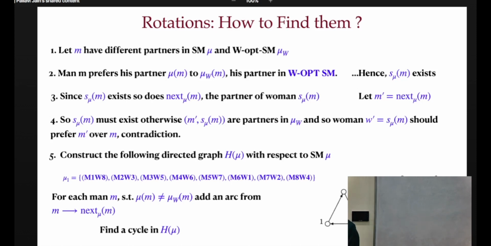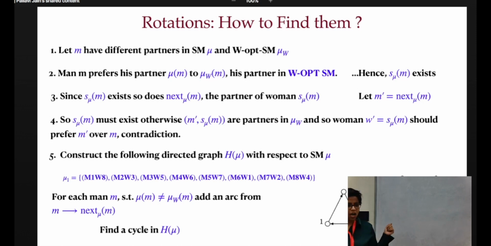That's what these 2 edges are. And you can have cycles. This is a very straightforward, very sparse graph, so you can find cycles rather easily. Once you find a cycle, that's your rotation. If you find multiple cycles, you have multiple rotations exposed in this matching. So we know that in polynomial time, we can find rotations in any given matching.